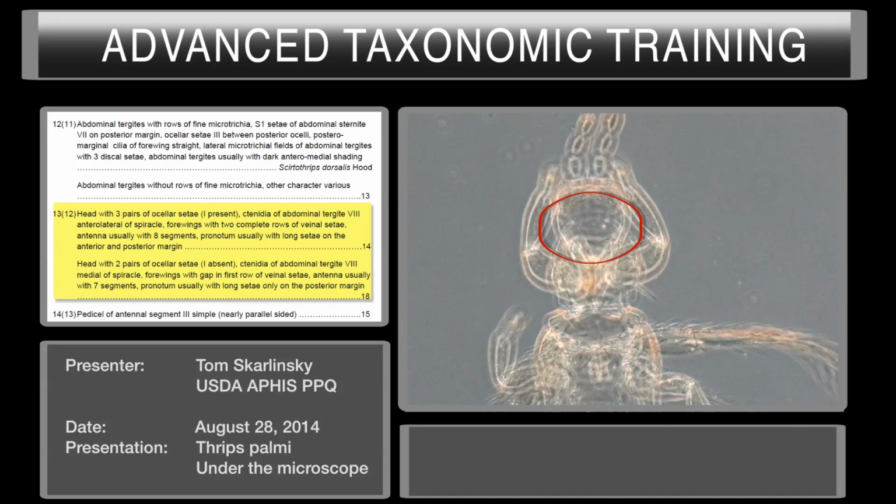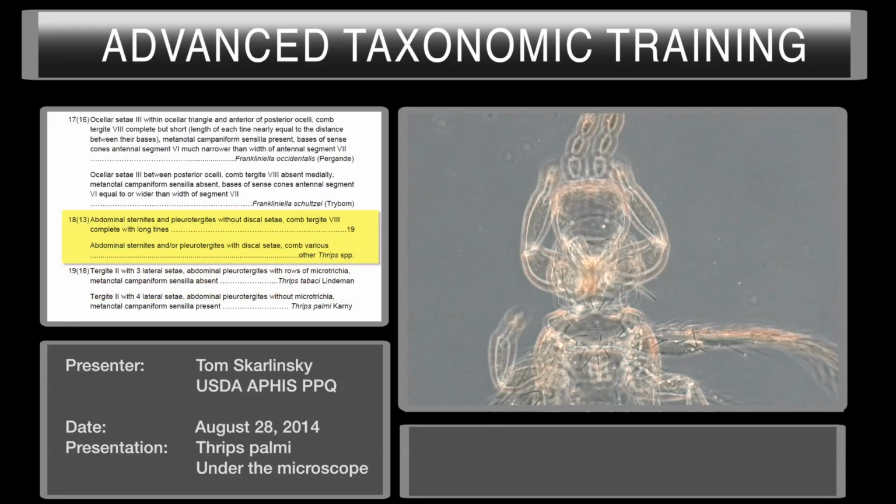Well, I'm not seeing any on the anterior margin, but there are long setae on the posterior margin. So we can go ahead and move to couplet 18. And what we've done is we've at least determined to this point that we have a specimen from the genus Thrips. Okay, so now we're going to determine what species of Thrips we have.